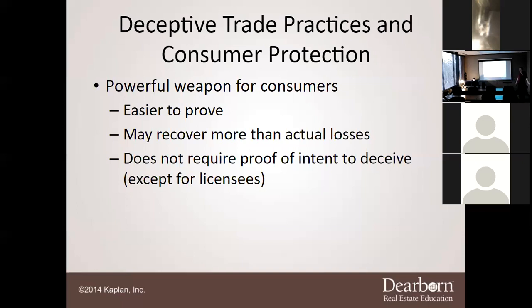What did we do? We just traded the car in and got me another one. But the thing is that DTPA, had I known about that, I could have gone back and sued them for the damages, plus all the money I'd spent in it, plus my parents' money that they spent into it, and sued them for 3 times damages. I could have gone after him. It's a very powerful weapon.